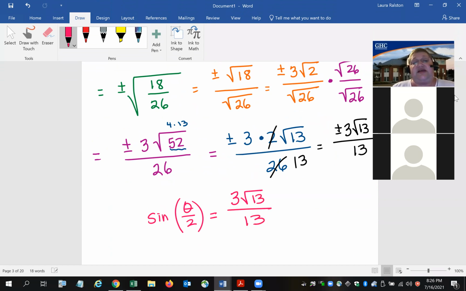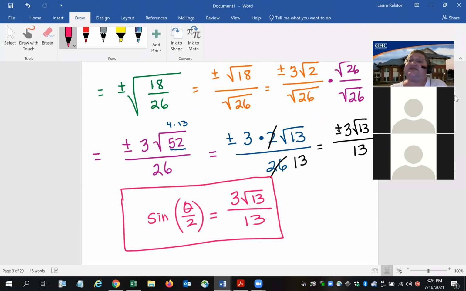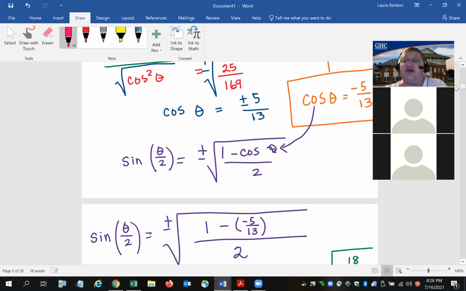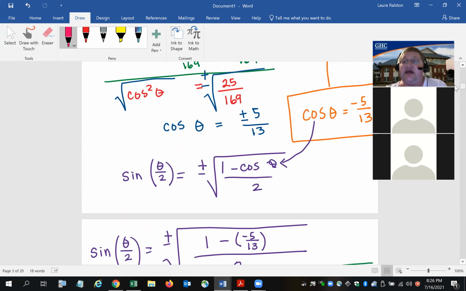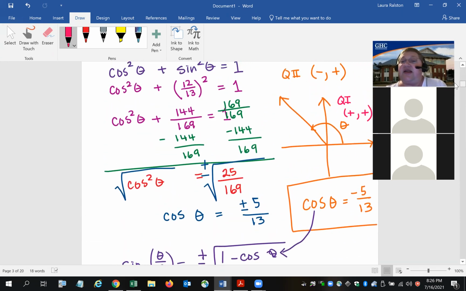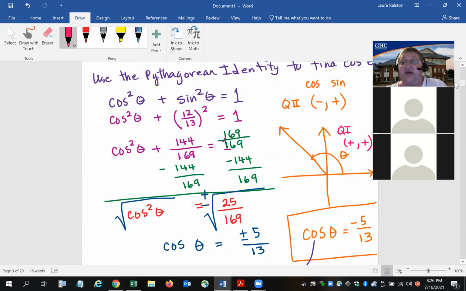over 13. We don't usually put the plus sign. This is the final answer, because it's a lot of steps and it's a lot of math. A couple of things that'll help you: draw the diagram like I did to figure out your quadrant issue. I was doing a lot of the math in my head because I can.